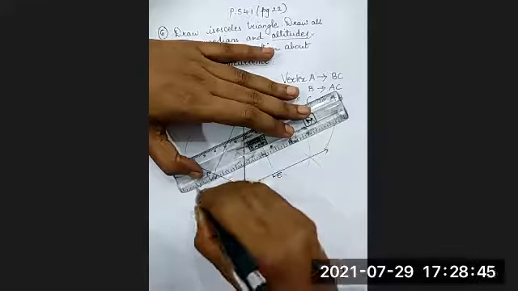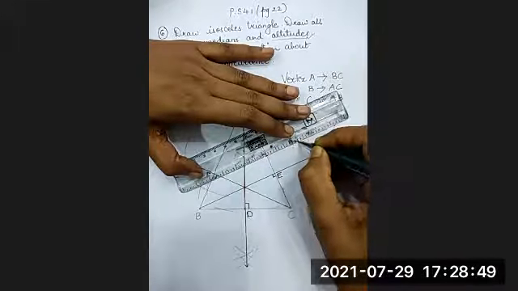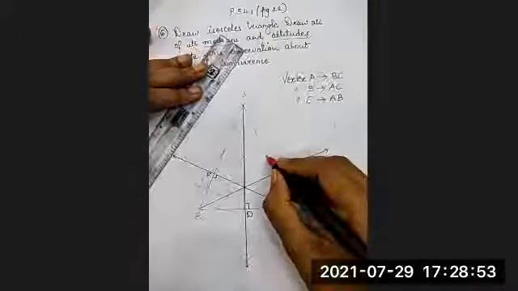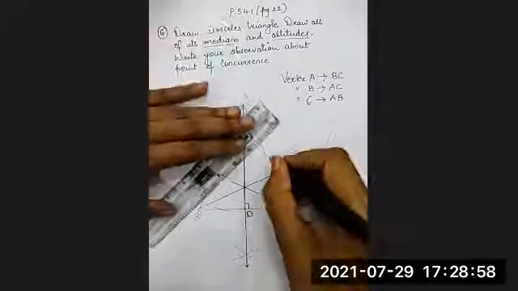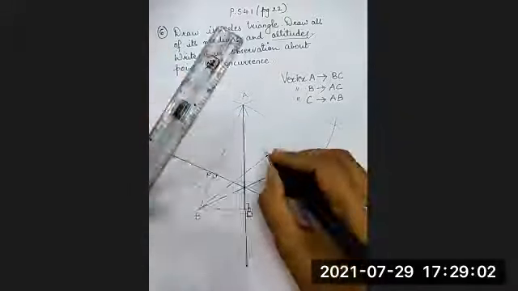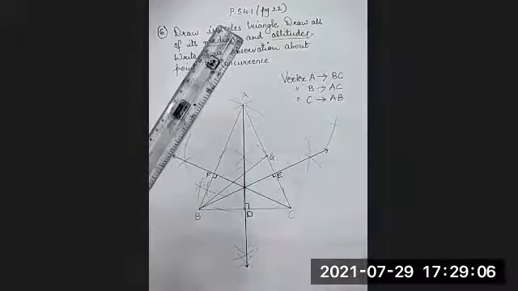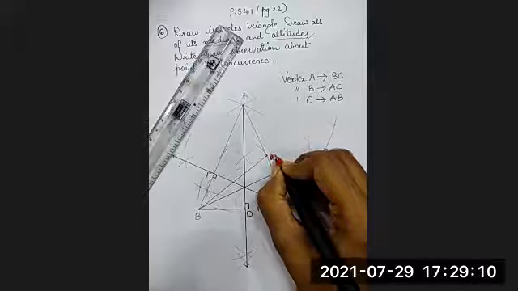I will draw a dotted line. Even if you don't draw this dotted line, it's okay. You can just show the midpoint. The midpoint is here. The opposite side is AC, which means the vertex will be B. So from B, I will draw this. I will name it as R.